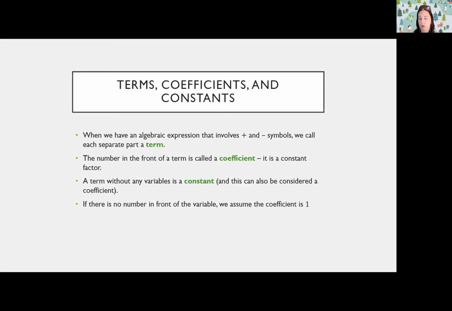Okay, so terms, coefficients, and constants. We've already talked about some of these things. If you have an expression, and algebraic means it has variables, so 2x plus 5y minus 4x squared is an expression. It doesn't have an equal sign or other symbols like that.